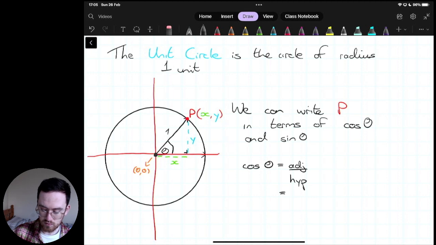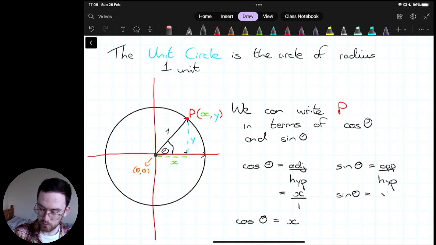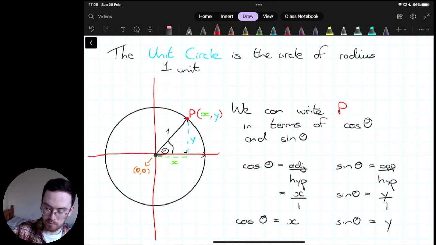For this, our adjacent side is x and our hypotenuse is 1, so we get that cos theta is equal to x. And similarly with sine, sine is opposite over hypotenuse, so sine theta will be y over 1, so sine theta is simply equal to y. So I can rewrite my point P as just (cos theta, sine theta).